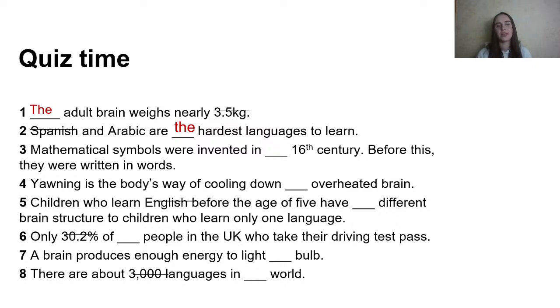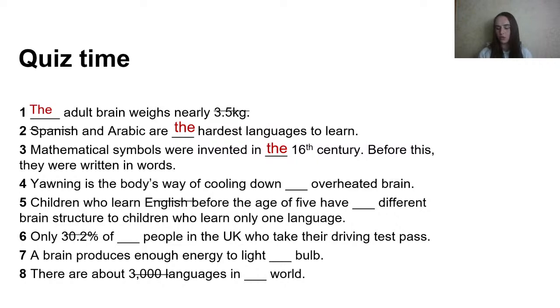Three. Mathematical symbols were invented in the sixteenth century. Before this, they were written in words. So in the third one, what do you have? Alexander says the. What about you guys? Oh, you answered the rest. That's right, yeah. So mathematical symbols were invented in the 16th century.